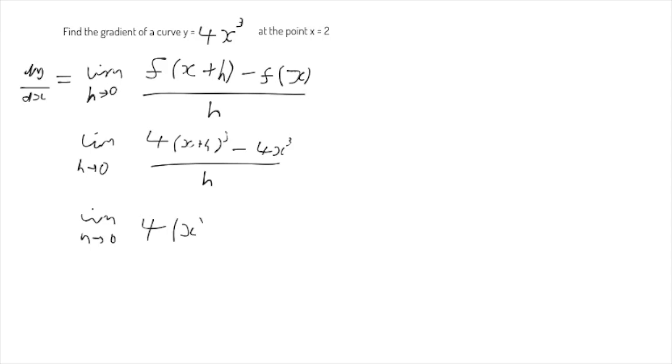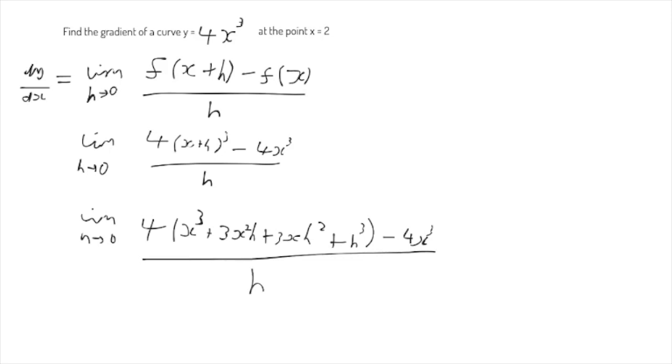So we'll say 4 times (x cubed plus 3x squared h plus 3x h squared plus h cubed) minus 4x cubed, all divided by h.